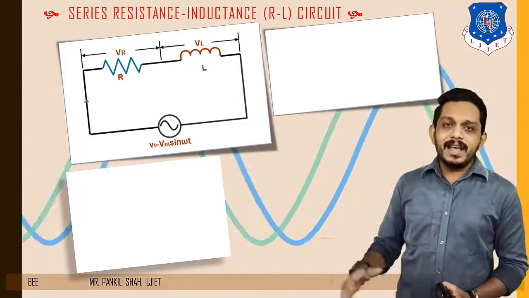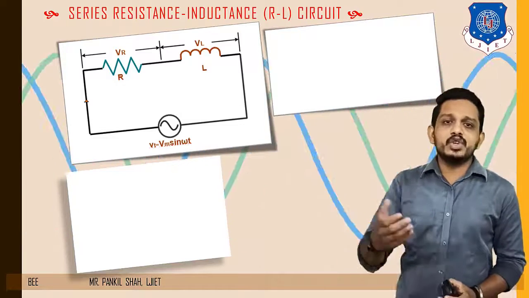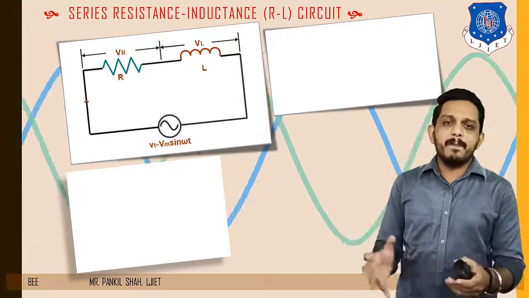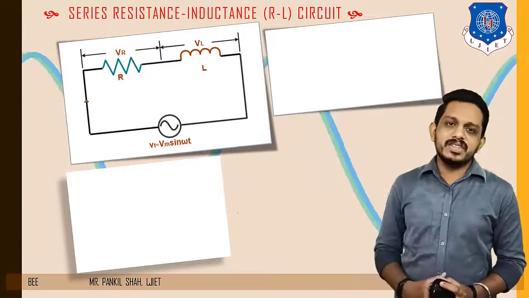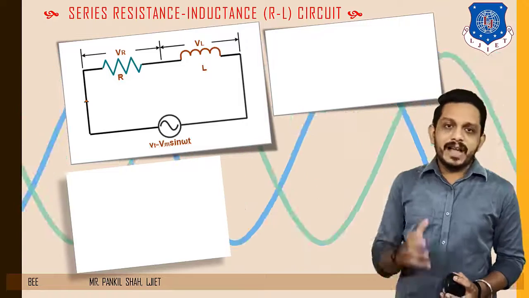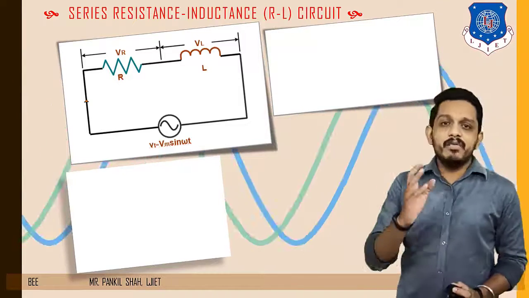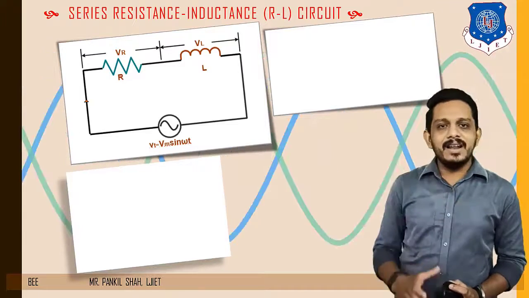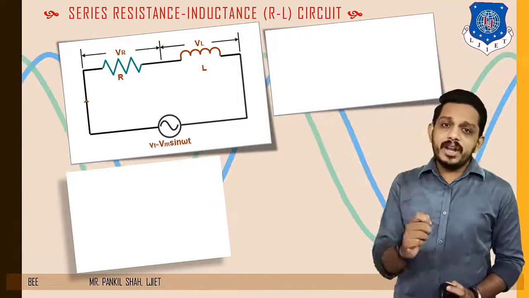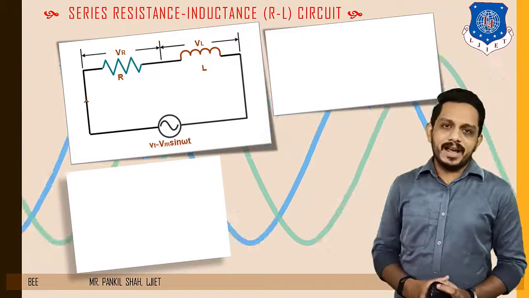So the applied voltage V will be distributed across the different elements in this series RL circuit. The voltage across resistor R will be VR and the voltage across the inductor will be VL. So this is the series RL circuit, and we need to analyze it.